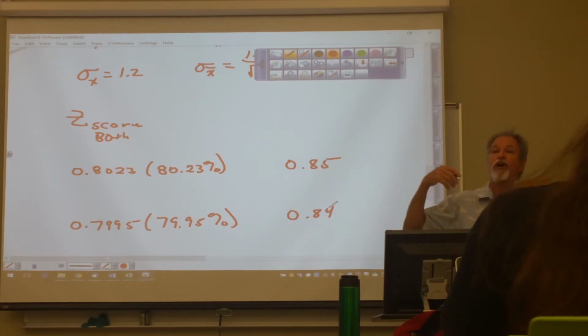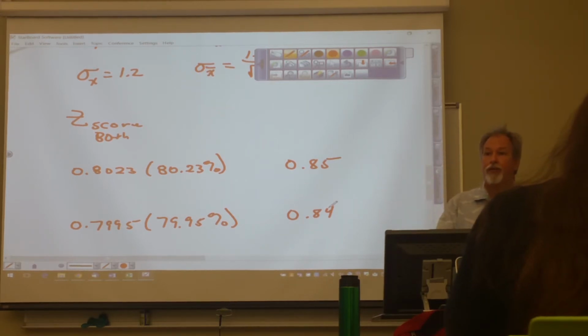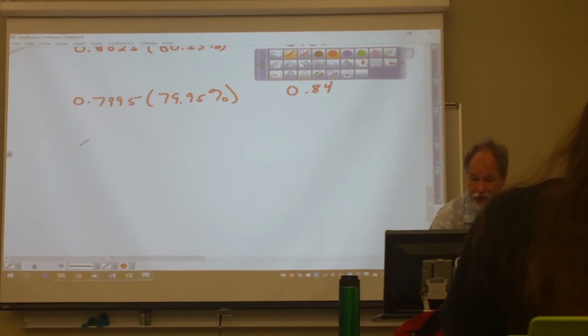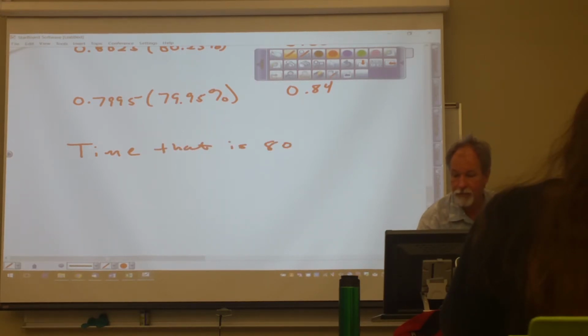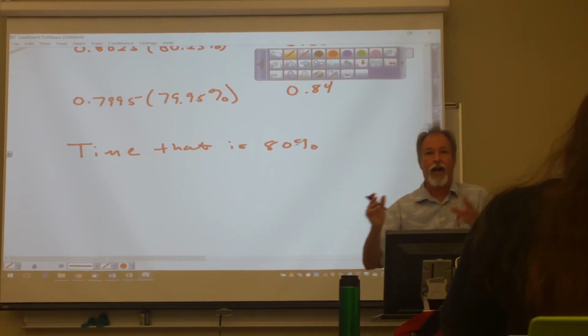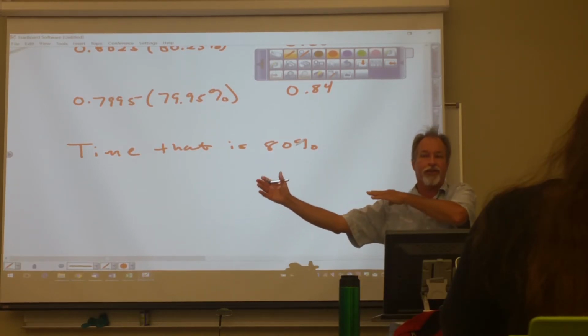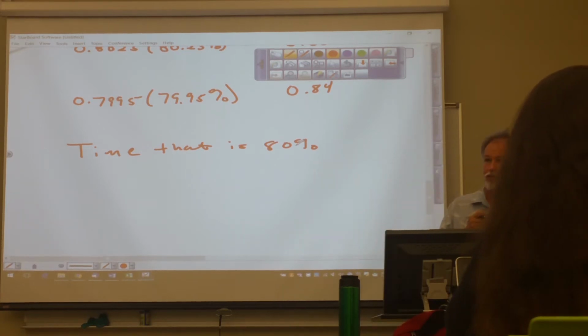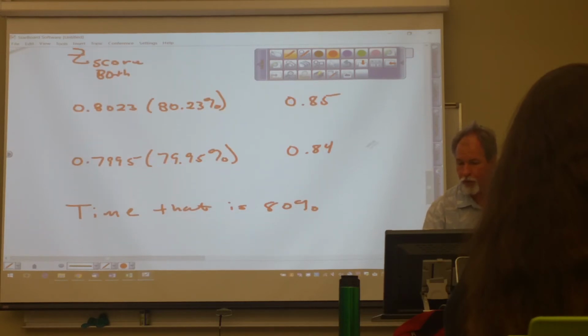So we now have all the information we need to be able to try it. We want to find out the time that I'm longer than this, shorter than this 80% of the time, I'm longer than this 20% of the time. So what we now know is that the z-score that we want is 0.84.